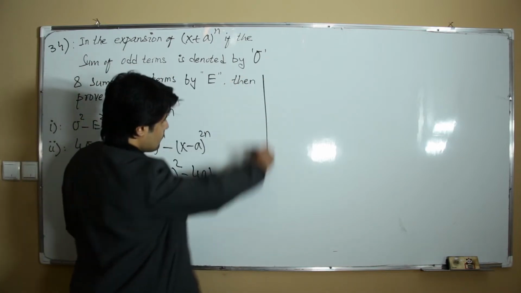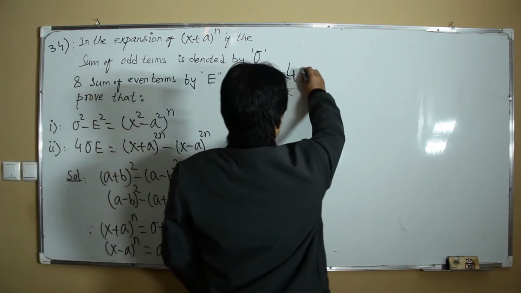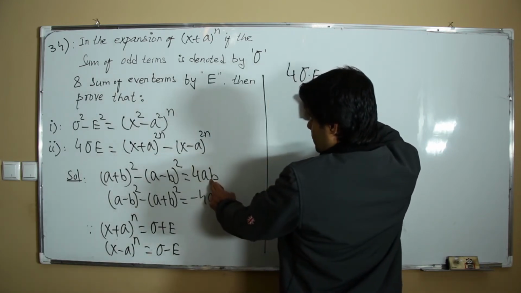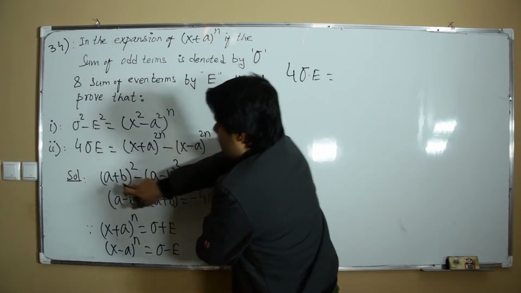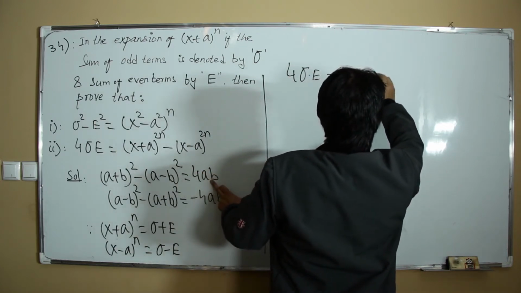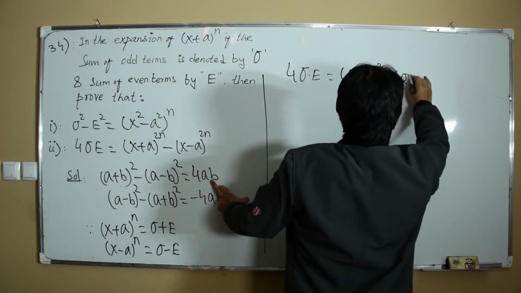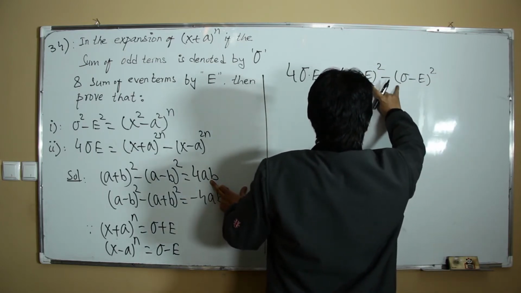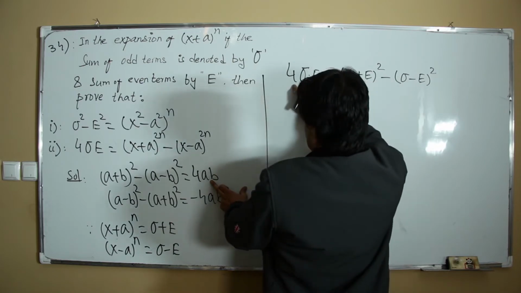So if you have 4OE, then the brackets should have o and e: the first equation, I mean (o + e) square minus (o − e) square. If we simplify this one, we will have this one.